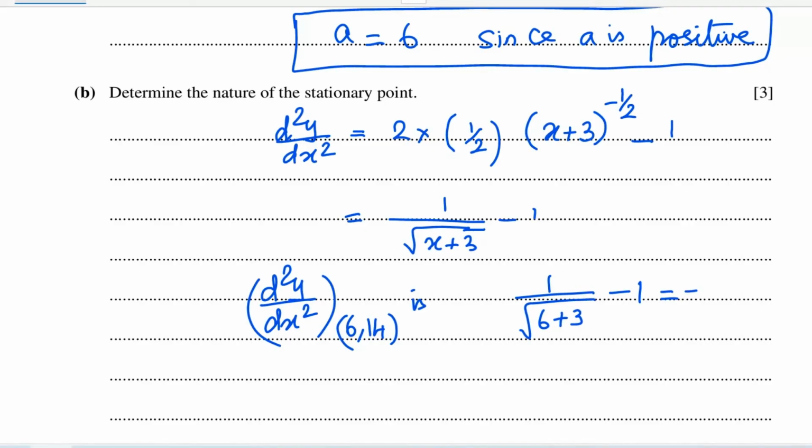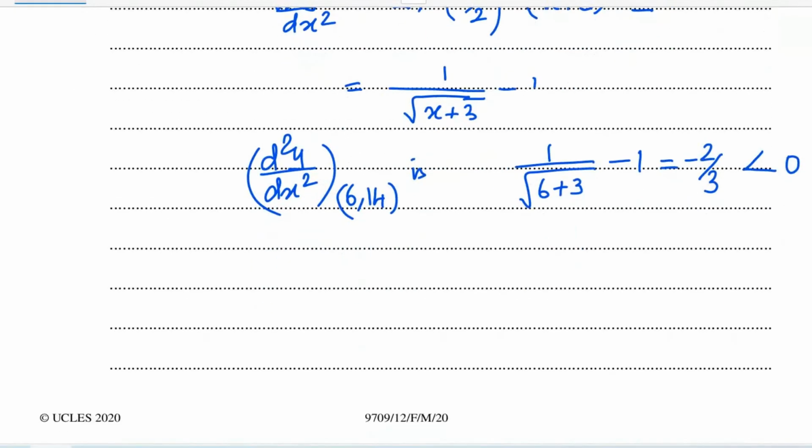So you'll get negative 2/3, which is less than 0. So the nature of stationary point is maximum.